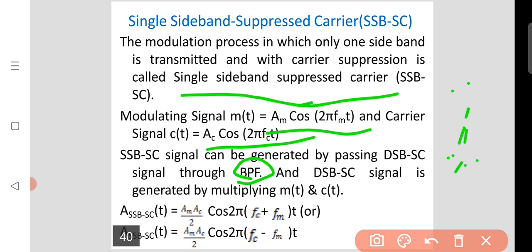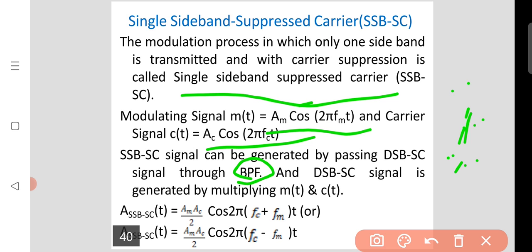I repeat again: a low pass filter allows low frequencies, and a high pass filter allows high frequencies, but the band pass filter allows only a particular band of frequencies. Beyond that range, the band pass filter automatically rejects the signal.